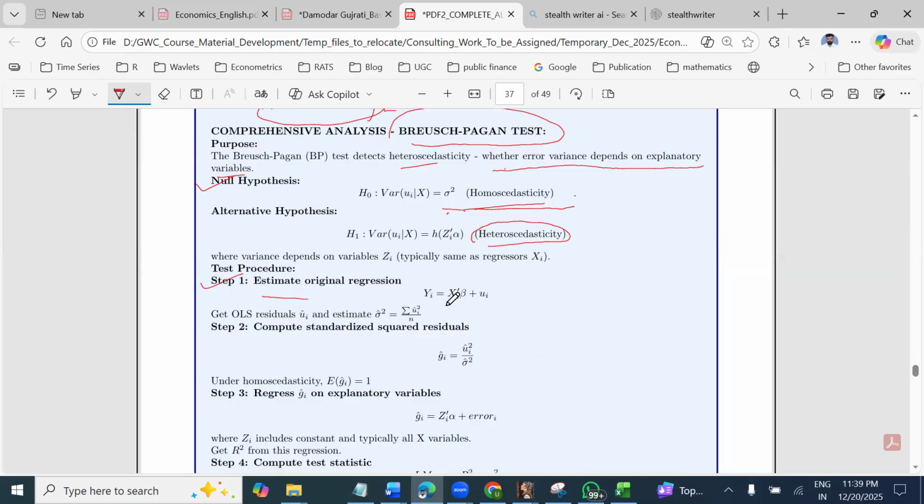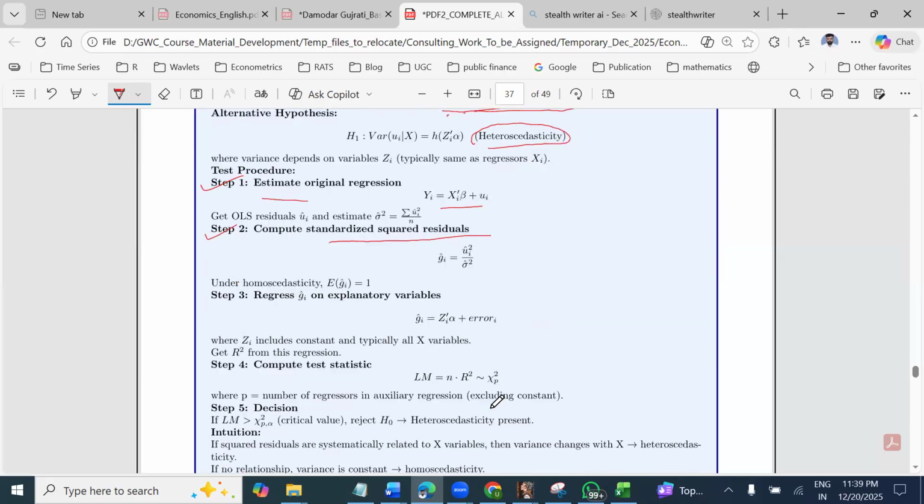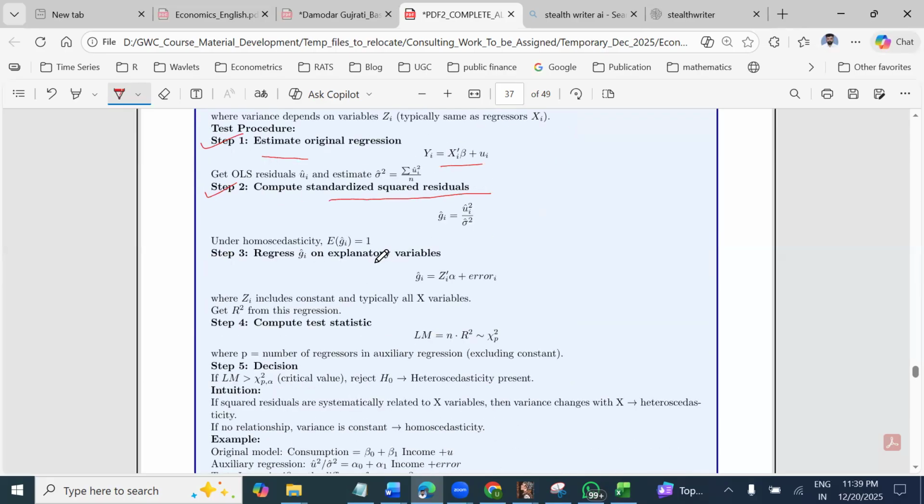This is how we do the procedure. First you estimate the regression, then you compute the standardized squared residuals, then you regress the standardized squared residuals on the explanatory variables. Then you compute the test statistic. One more very important thing is the LM test, which is n times R square, which follows a chi-square distribution.